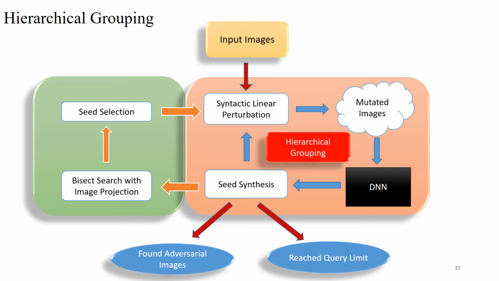To improve query efficiency, DeepSearch adapts an existing hierarchical grouping strategy to our setting and can dramatically reduce query numbers for constructing successful attacks. More details about the hierarchical grouping of DeepSearch can be found in our paper.